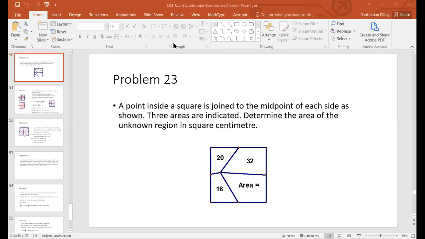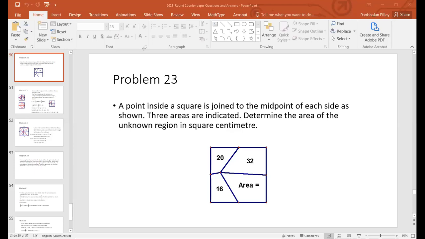Now it's getting on to heavy stuff here. In the next problem, you've got a square and a random point inside the square, joined to the midpoint of each of the sides. Now you've got kind of queer, rather unearthly shapes here.